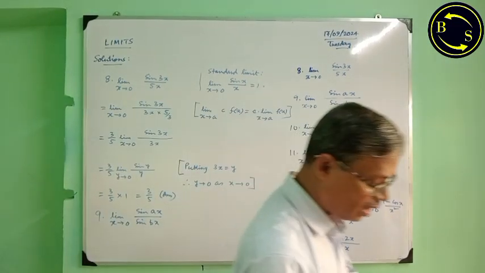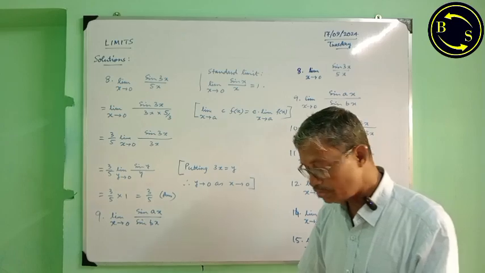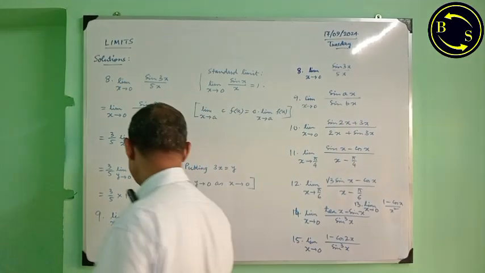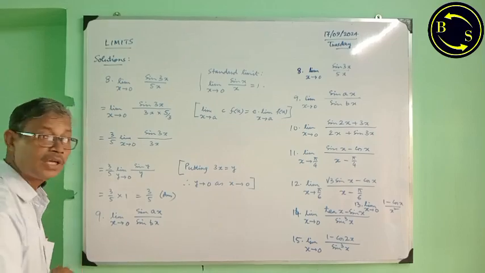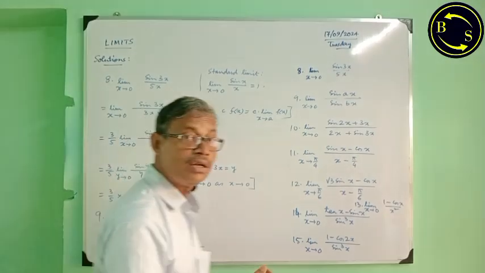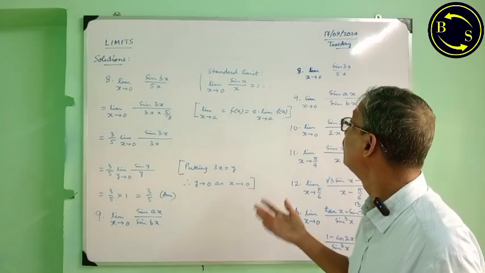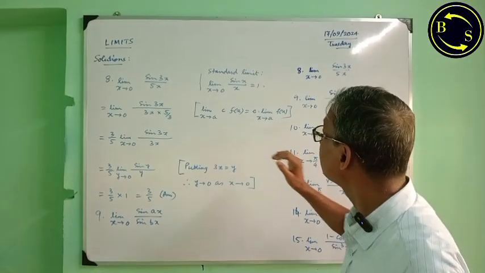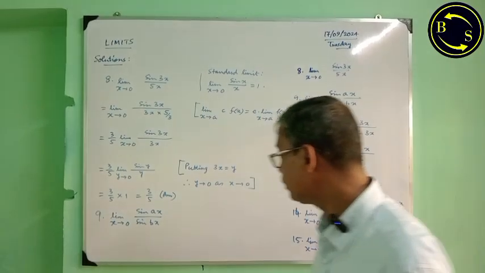Remember here a, b are non-zero quantities. Now since sine trigonometrical ratios are there, after writing that we have to think that we have to use this standard limit.